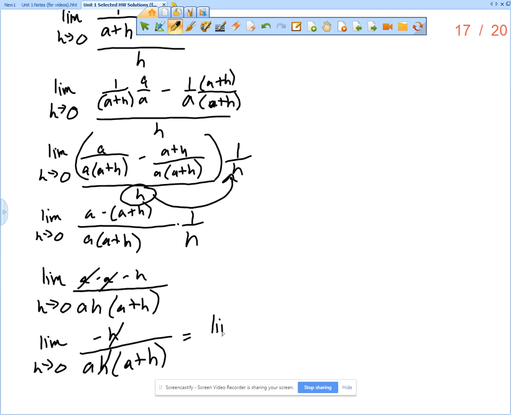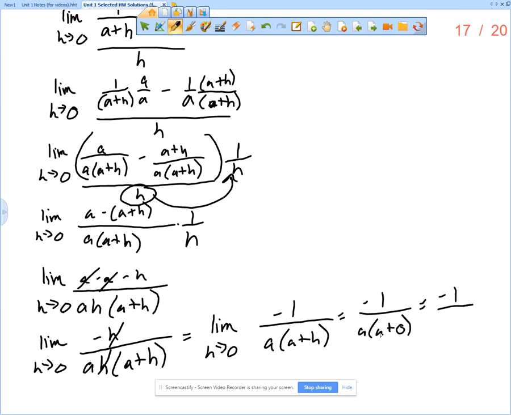And so we have the limit as h approaches 0 of negative 1 over a times a plus h. And so we would reevaluate. So we substitute 0 in for h. So I get negative 1 over a times a plus 0, which means negative 1 over a times a, or a squared. So negative 1 over a squared.